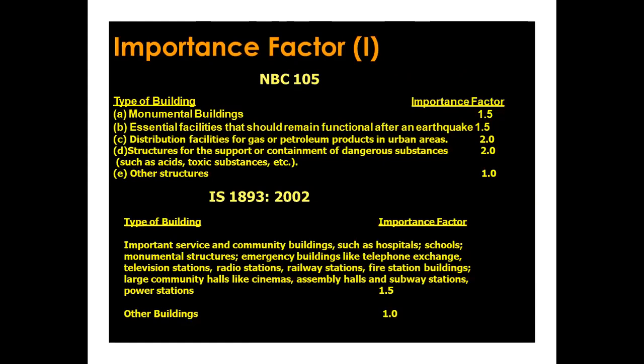When the important services and community buildings such as hospitals, schools, monumental structures, emergency buildings like telephone exchange, television stations, radio stations, railway stations, fire station buildings, large community halls like cinemas, assembly halls, subway stations, power station are given, then you take importance factor 1.5, and besides that, if other buildings are given, then we take importance factor as 1, right?